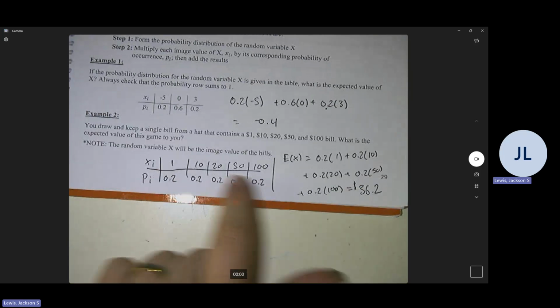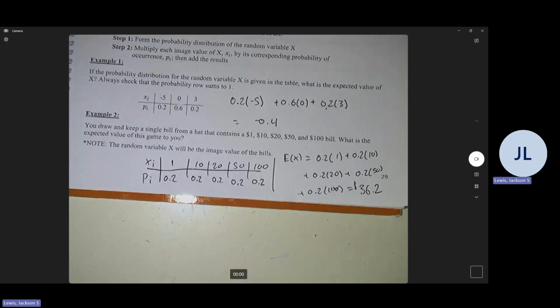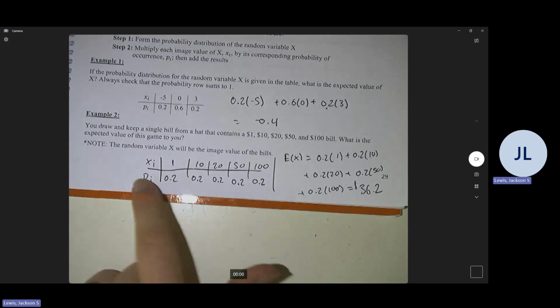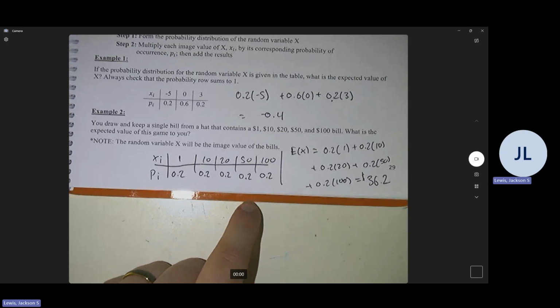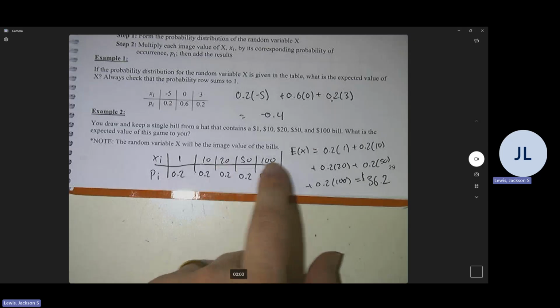I'm significantly more likely to draw somewhere in that range. If I did this for 100 numbers, the average would be something different. But for this example, 36.2 is the average. And interestingly enough, that's just the average of these values right here. Since everything has equal chances of happening, the expected value is the average of the elements here, the random variables.